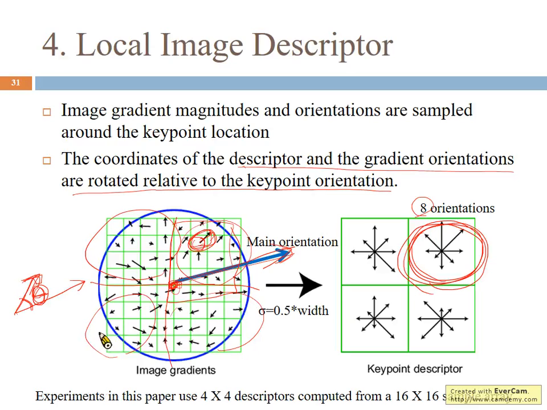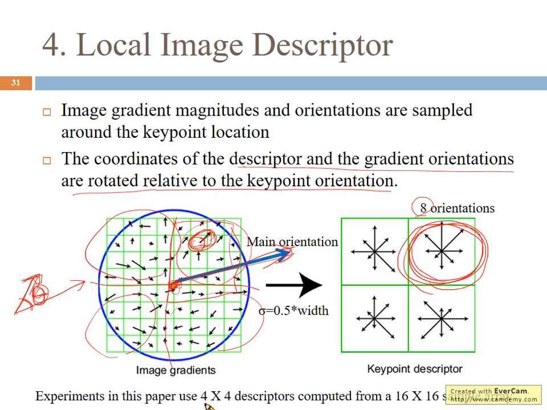So even if we rotate the whole image, the main orientation also changes to that direction. And then because we use the relative orientation, we still can get the same image descriptor.